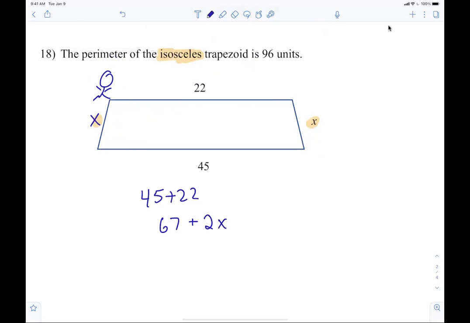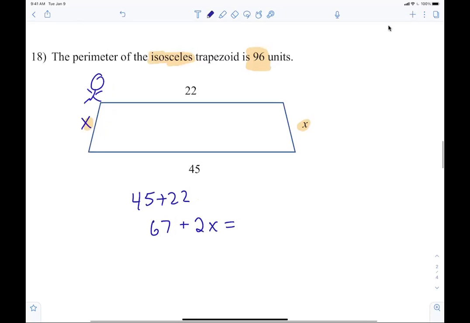Right. Equals how much? No, no, no. What's the perimeter? I'm trying to give you a clue. 96. There you go, buddy. You with me now, right?